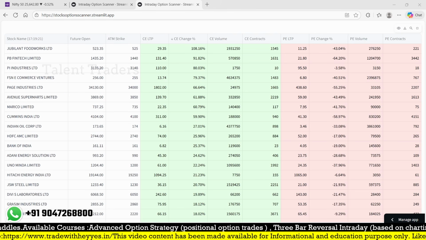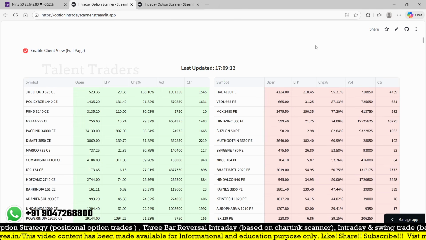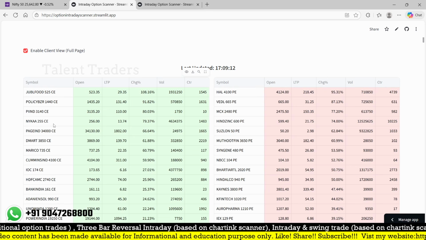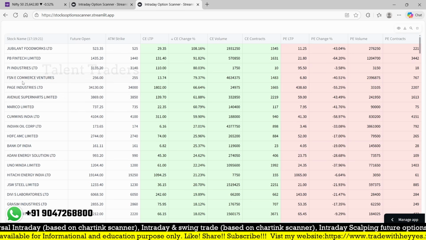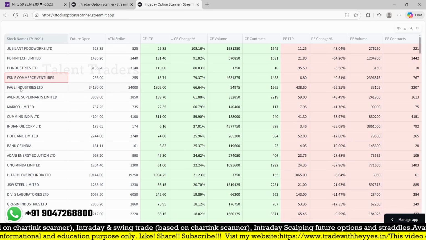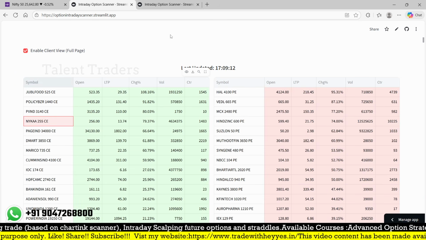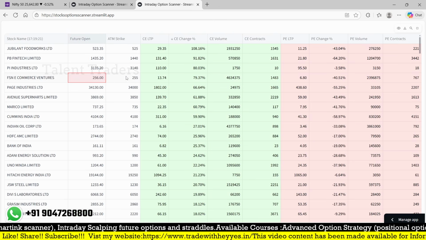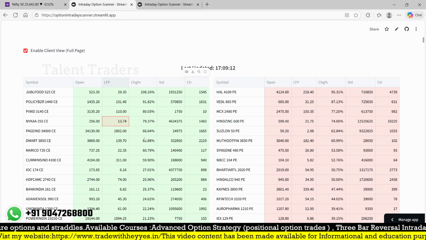This is how the new version will look. For example, here Nykaa is the trading symbol, but the stock is FSN E-Commerce Ventures, and the real trading symbol is Nykaa.